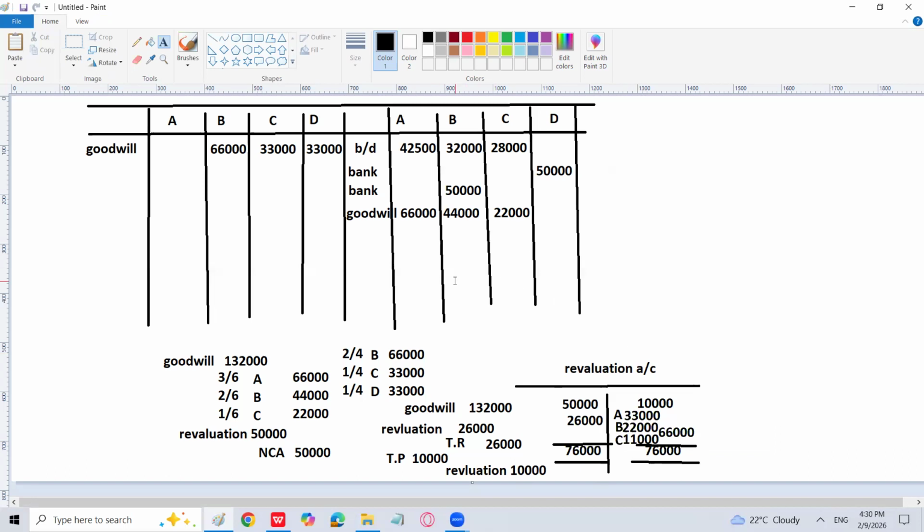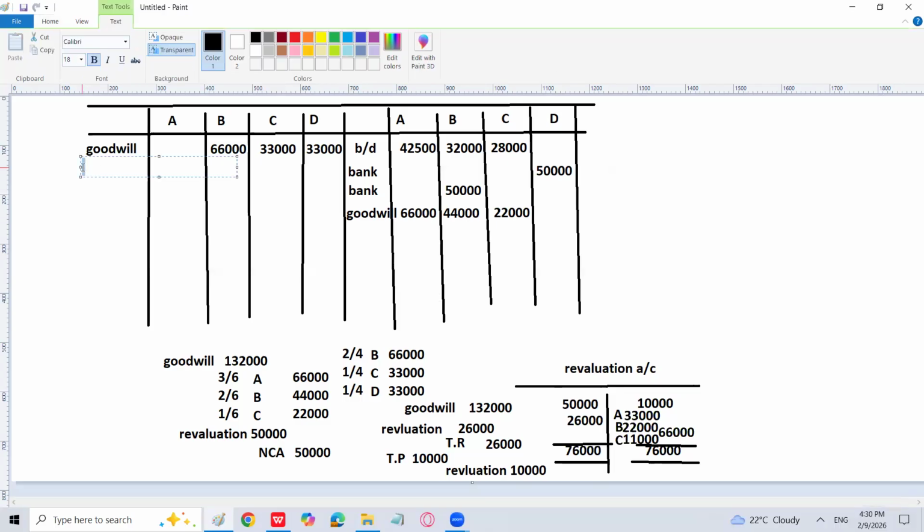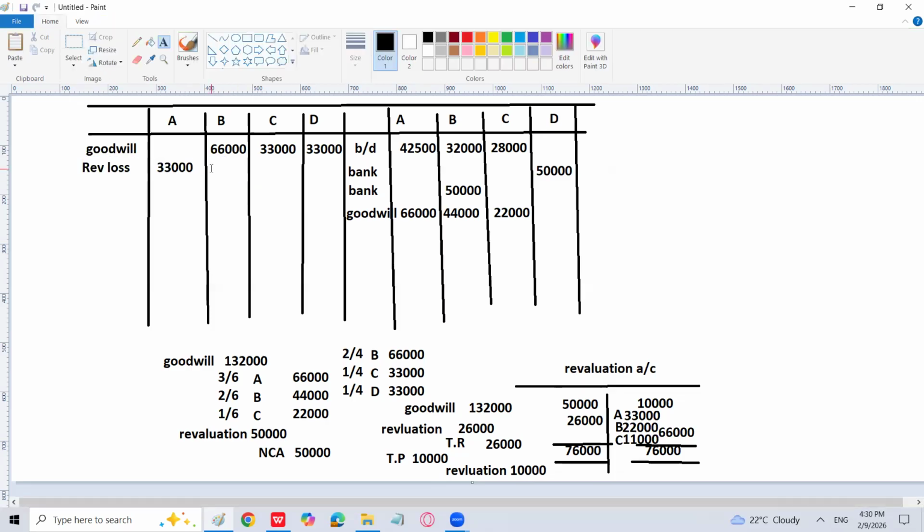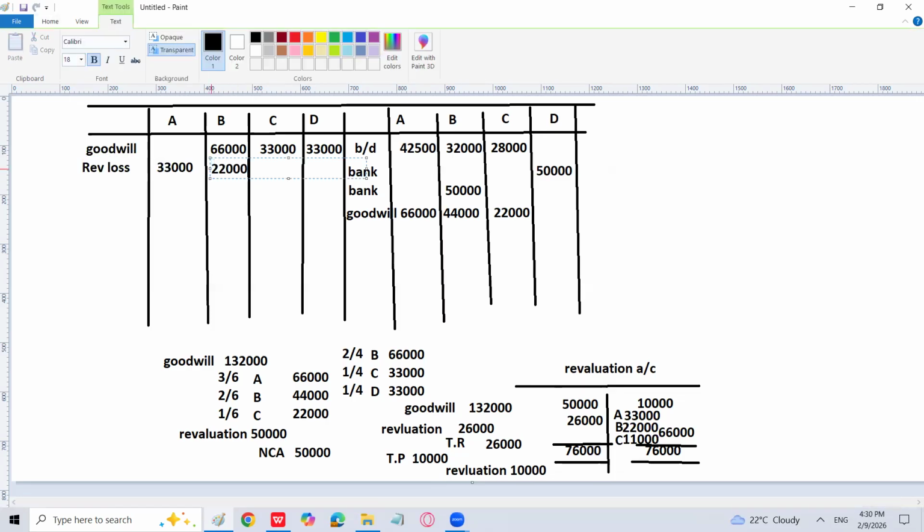Now, revaluation is going to be credited. It's a loss, so it will come on the debit side of the capital accounts because it's a revaluation loss. You can pass the entry also that partners' capital accounts A, B, and C are going to be debited, and revaluation is going to be credited with 66,000. So A will sustain 33,000 loss, B will sustain 22,000, and C will sustain 11,000.